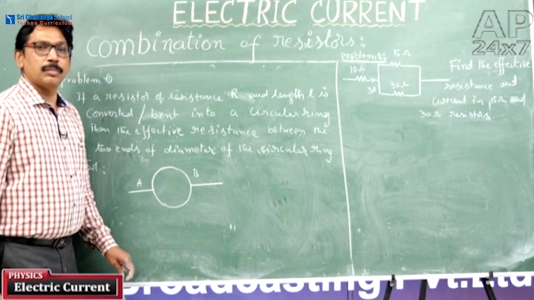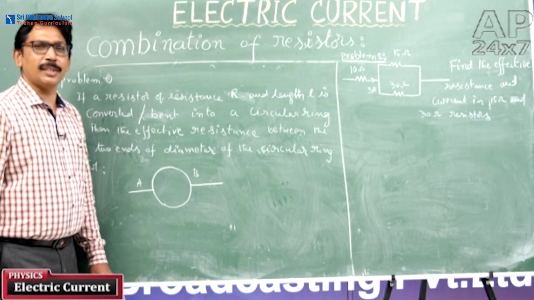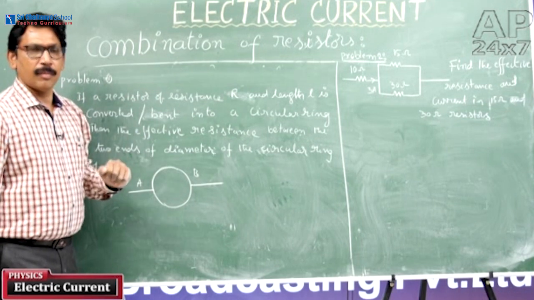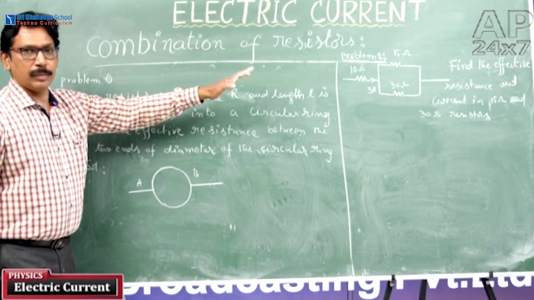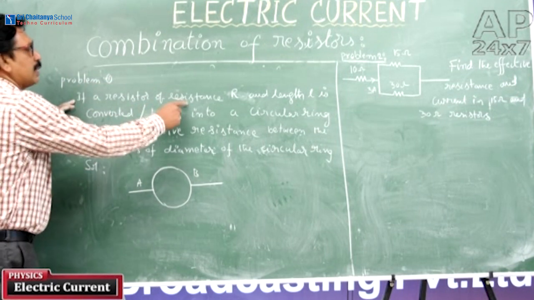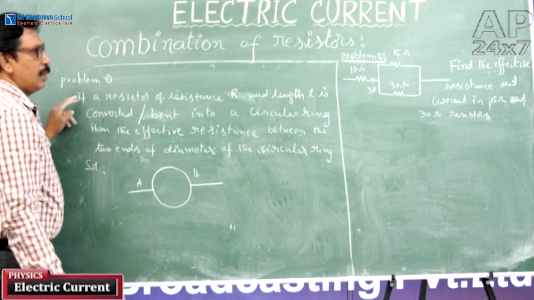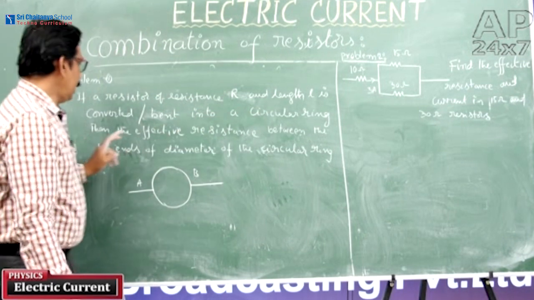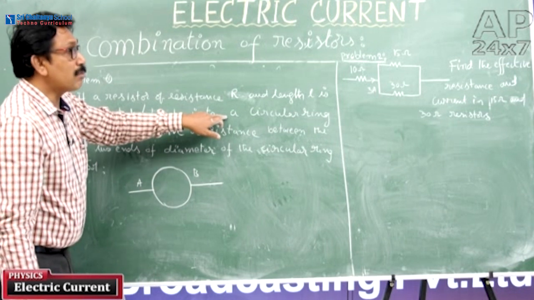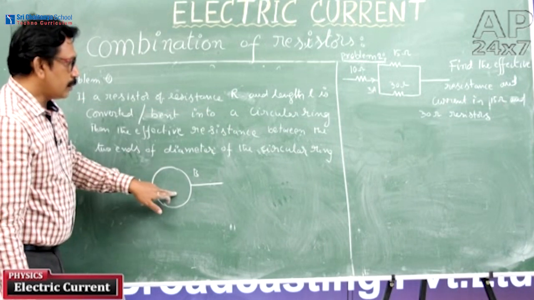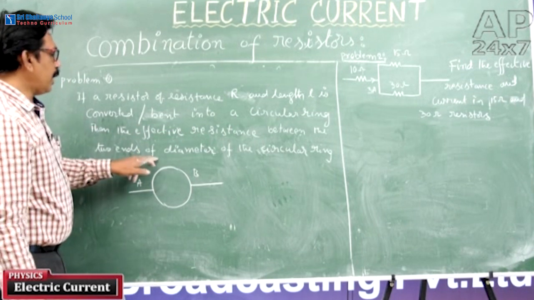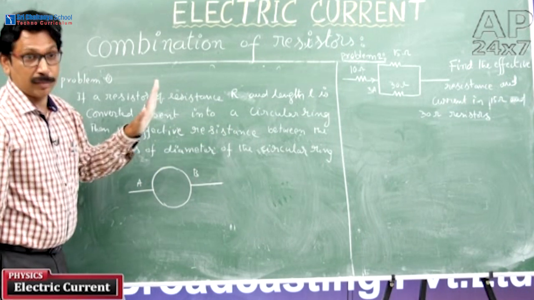Let us do problems based on series combination and parallel combination of resistors. I am giving you two problems. First, the problem is: if a resistor of resistance R ohms and length L is bent into a circular ring like this, find the effective resistance between the two ends of a diameter of the circular ring.